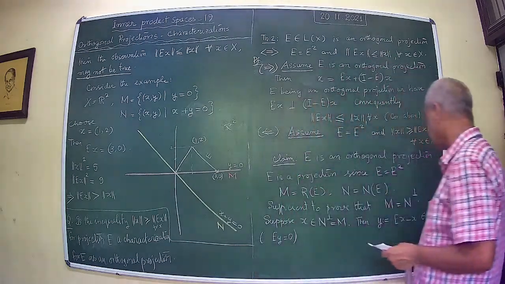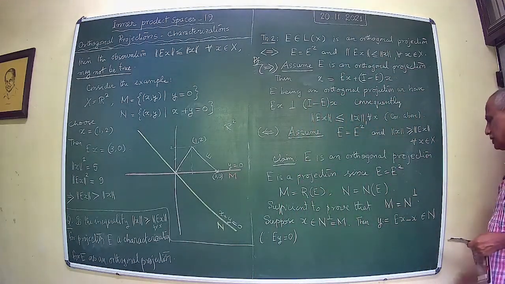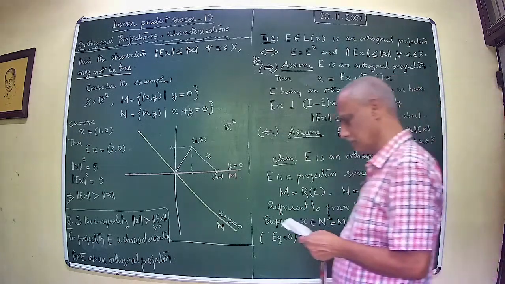Because E square is given, so see E square equals E, and therefore you get this is equal to 0.